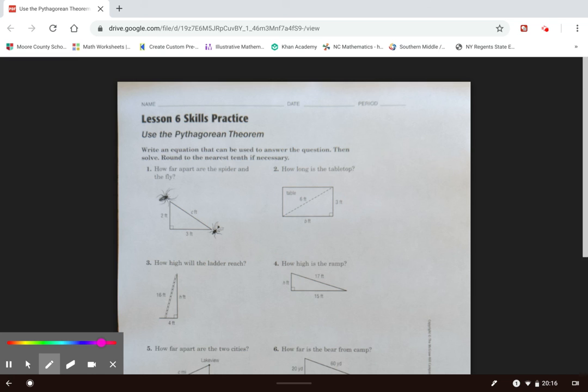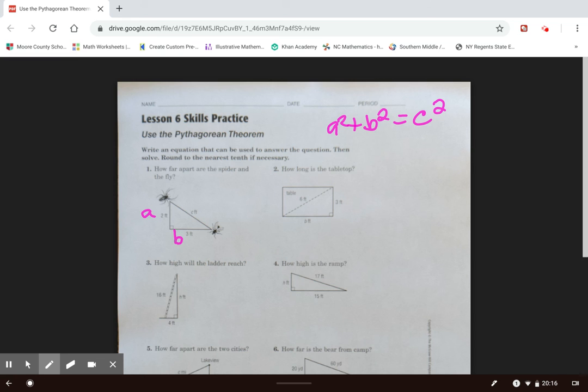All right, since I'm looking for a hypotenuse, I'm going to start with a squared plus b squared equals c squared. Now, like we've said, c is always the hypotenuse. It's always the longest side. I know my two legs, so I'm going to let this one be a and this one be b.